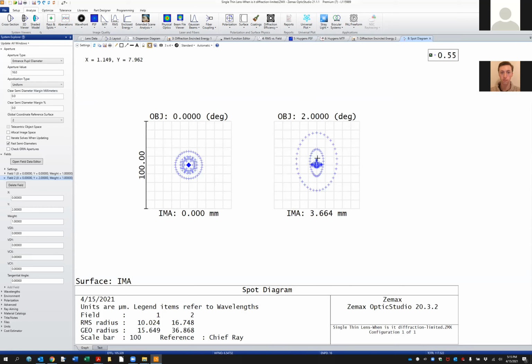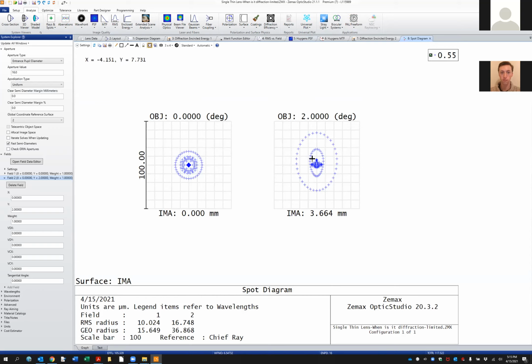What you should see is that it's sharply elliptical, right? Because of coma and astigmatism. And because it's sharply elliptical, there's actually tighter focusing in one direction than the other.